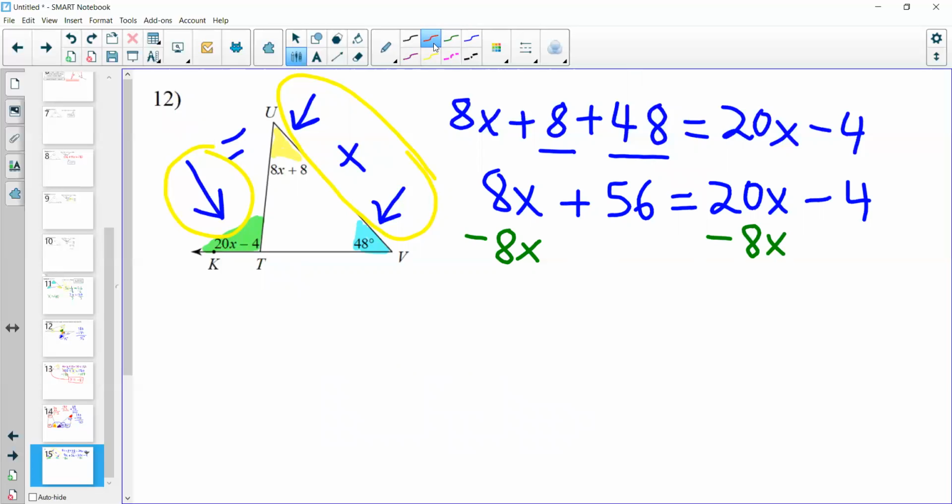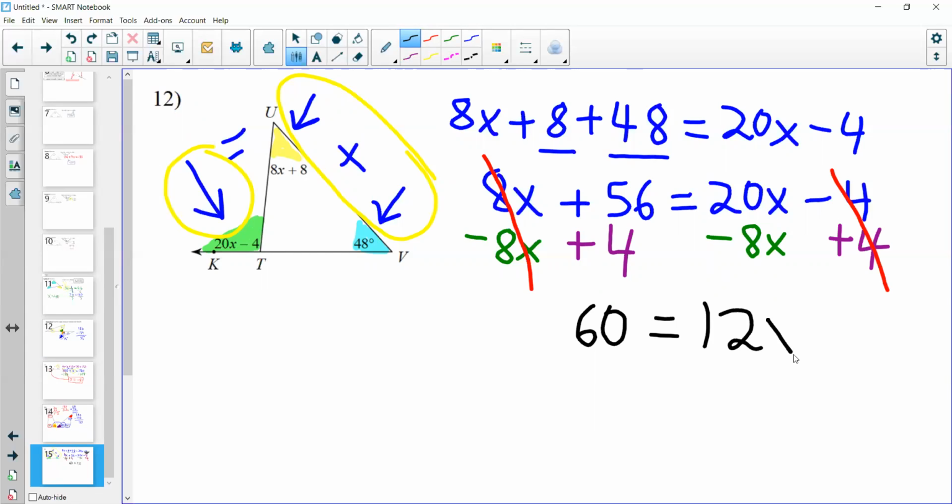That's going to make these cancel, but then I'm also going to add 4 to both sides of the equation, and that will make these cancel out. So I'm left with 56 plus 4 is 60 equals 20x minus 8x, which is 12x.